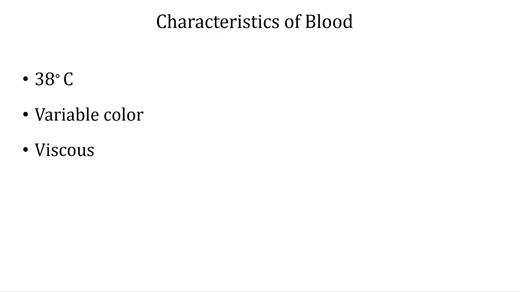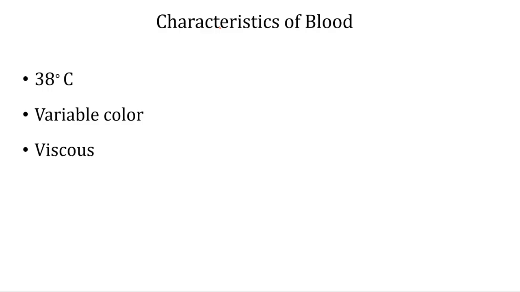Blood is slightly viscous, meaning that it's not just a purely free-flowing fluid. It has a little viscosity to it. Viscosity means how thick something is. So think something like honey would have a higher viscosity compared to water, which would have very little viscosity. And blood, because it does have some things in it, some sugars dissolved in it and other things, it will be slightly viscous.